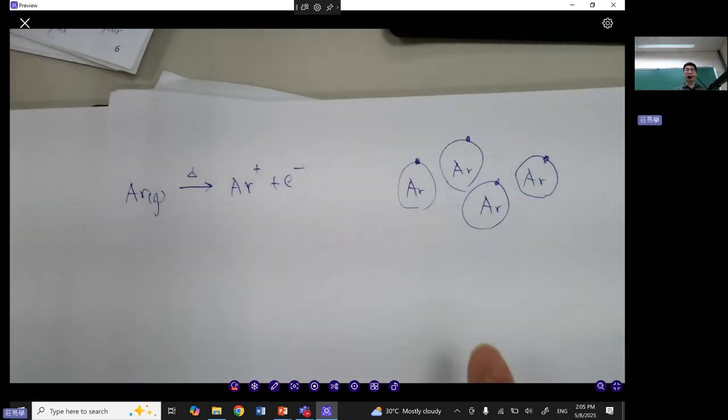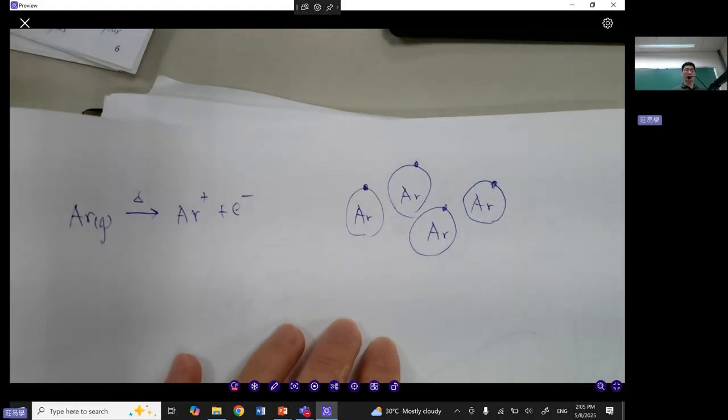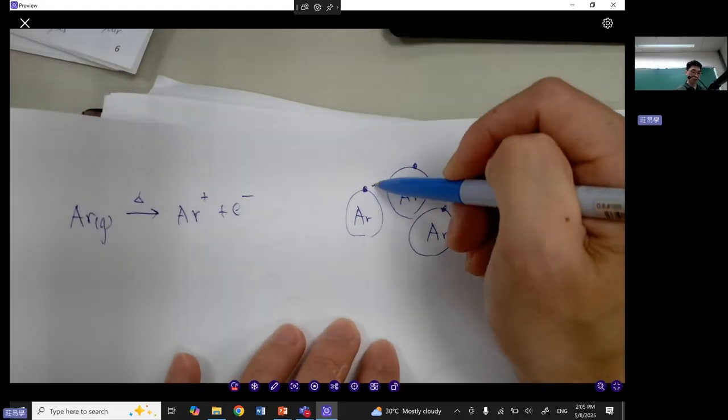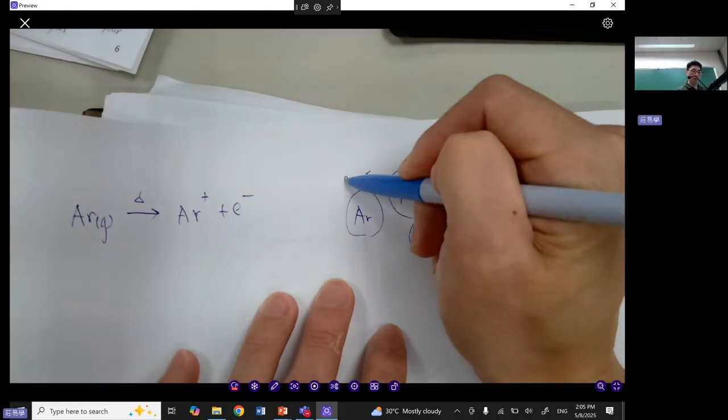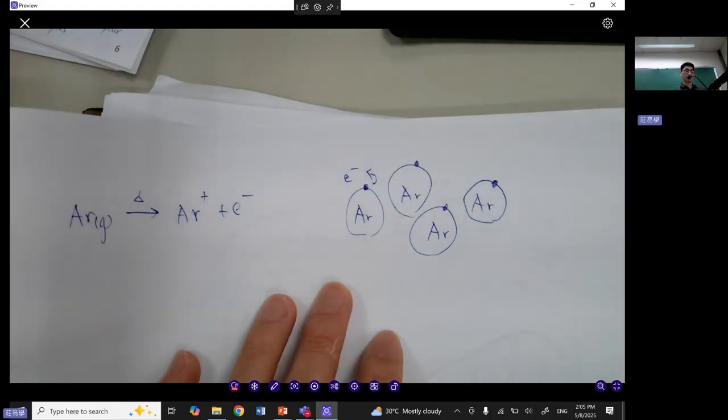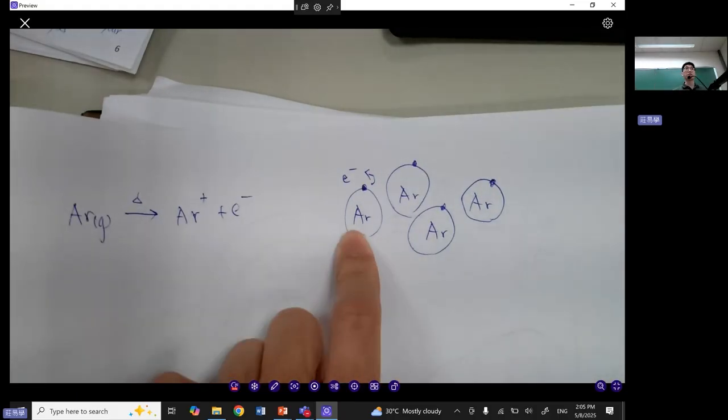When you supply really high temperature, the electron gets stripped off, but the electron is not gone. It is still flowing around the nucleus.